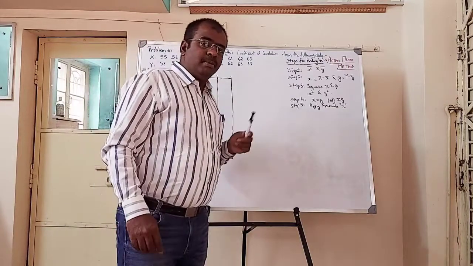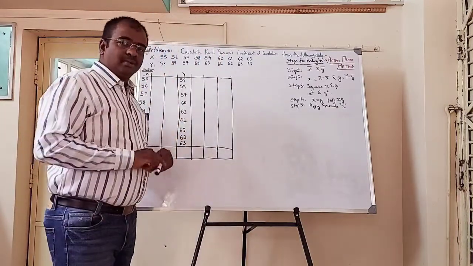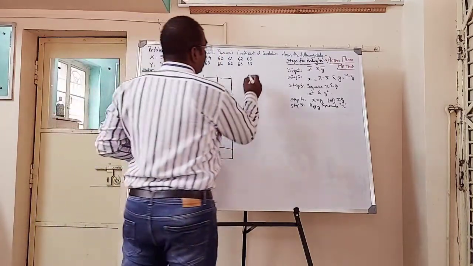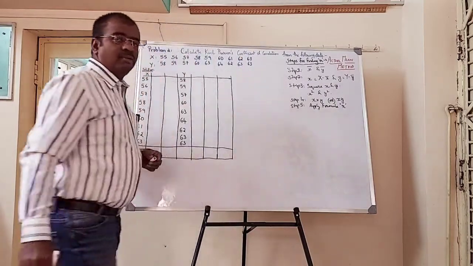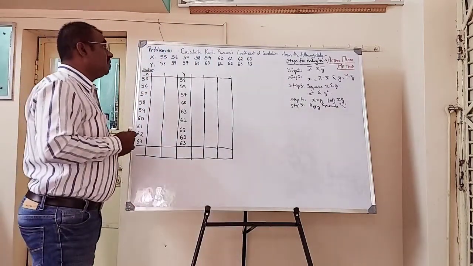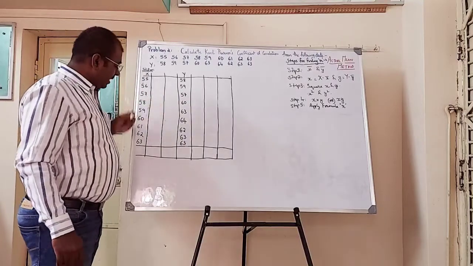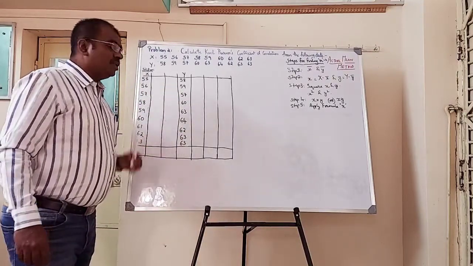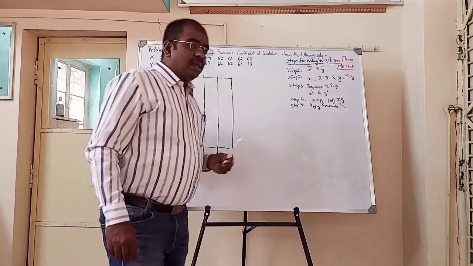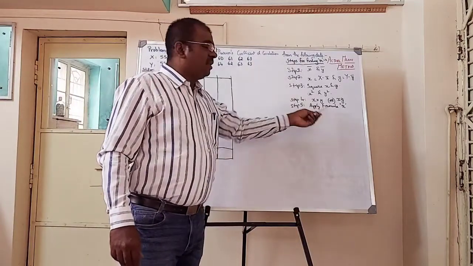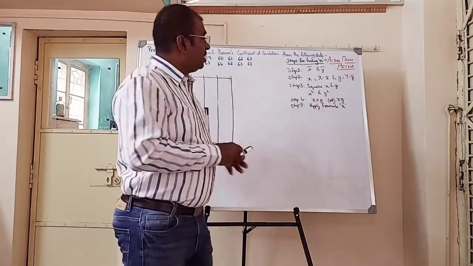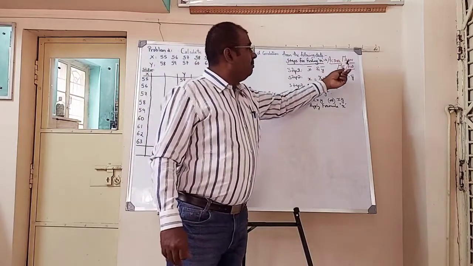In the previous problem, we defined what is x and what is y, but in this problem, they have directly mentioned what is x and what is y. So, I have taken the values of x and the values of y.